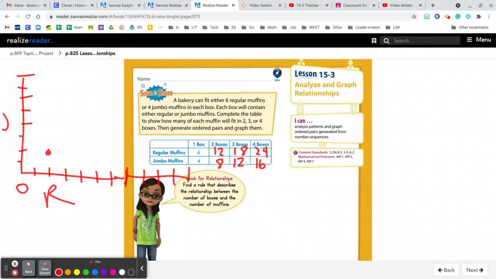2, 4, 6, 8. So 8 and 12. 2, 4, 6, 8, 10, 12. 8 and 12. 2, 4, 6, 8, 10, 12, and 16, and so on.